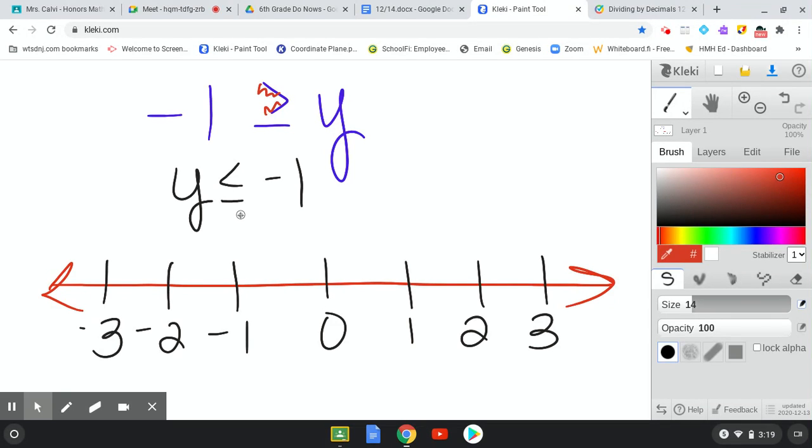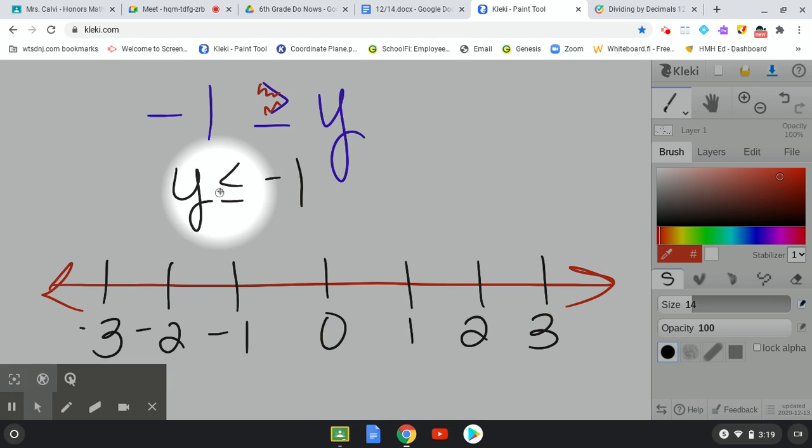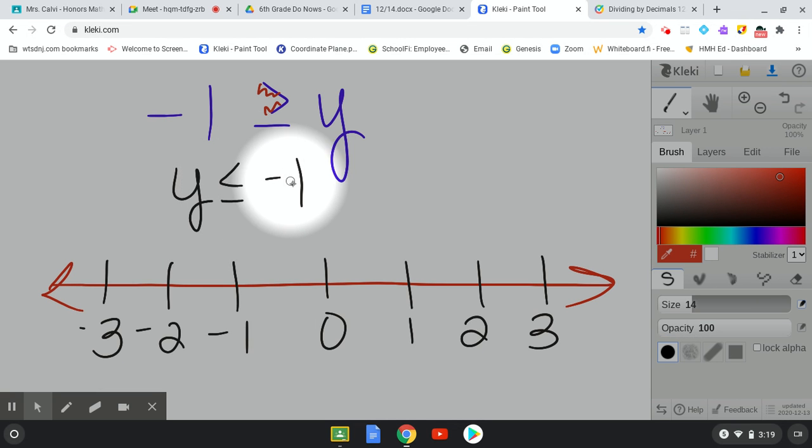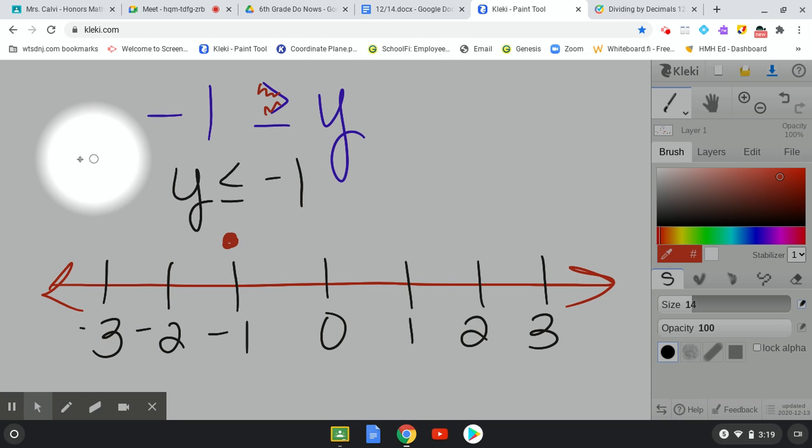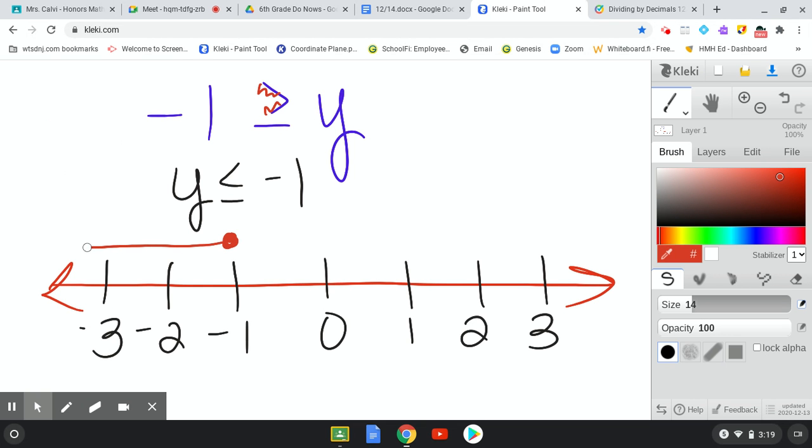All right. So now my variable's on the left. I'm going to have a closed circle because I have the equal bar with my symbol. So I'm going to go to -1 on my number line. I'm going to put a closed circle, and then I'm going to follow the direction this is pointing. So -1, closed circle, and my inequality symbol is pointing left, so I'm going to draw my line going left.